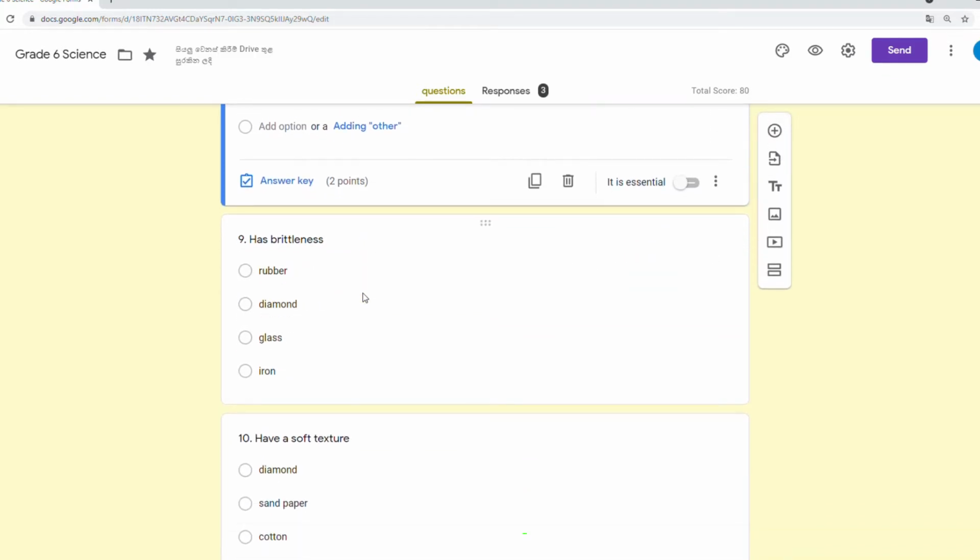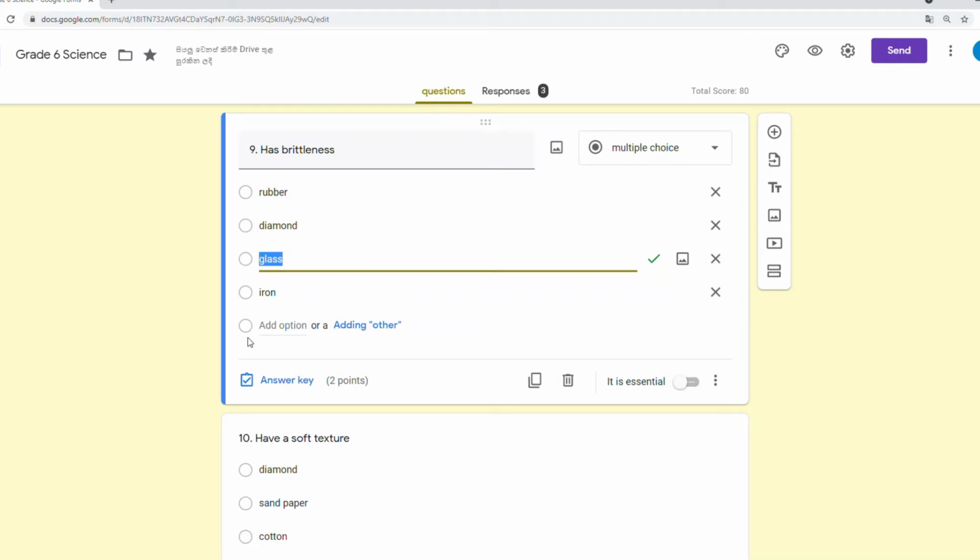Right. Again from the matter. Has brittleness. That's one of the natures of matter. When you get brittleness, that means you can easily break them into small pieces. So according to that definition, the most suitable thing out of the given list is glass. Glass, we know if you apply a small force, then we can easily break it into small pieces.